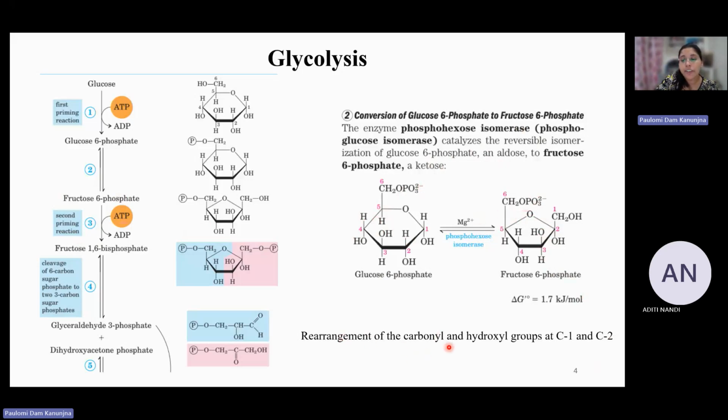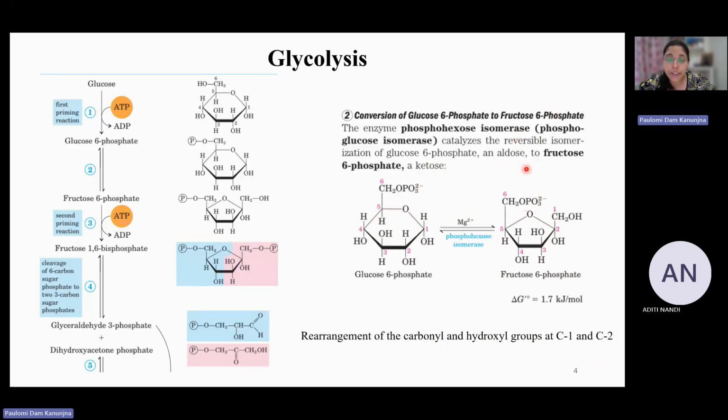That's because of the rearrangement of the carbonyl and hydroxyl groups at C1 and C2. So your six-membered ring goes to a structure which has five edges. So you have fructose 6-phosphate from glucose 6-phosphate. This is an isomerization reaction, and this is again reversible.